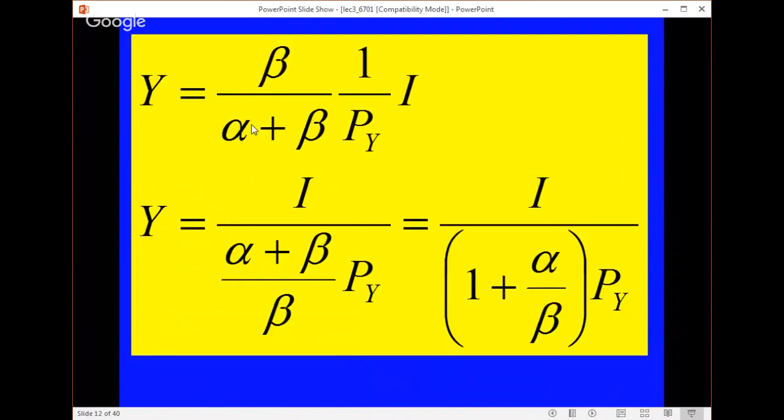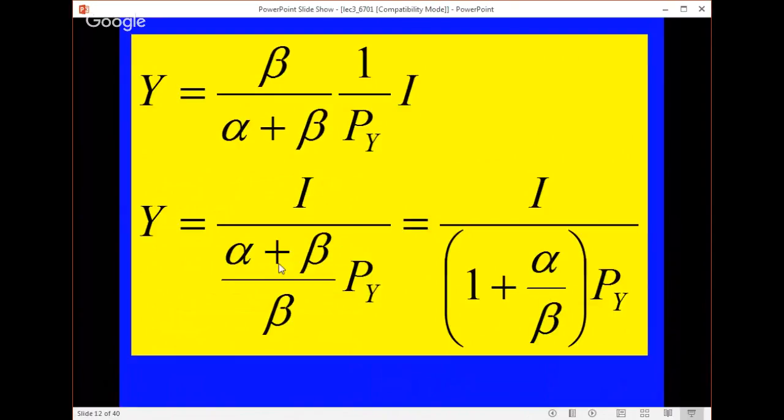So I get Y equals beta over 1 plus beta, times 1 over py, times I, which I can rewrite, right? Bring the beta down below because I want to get it in basically the same functional form as I have my X in. Now, in general, this isn't necessary, right? What we did right here is a Marshallian demand in terms of Y. But we wrote it for X, something like this, so this is why I wanted to redo it and get it like this.